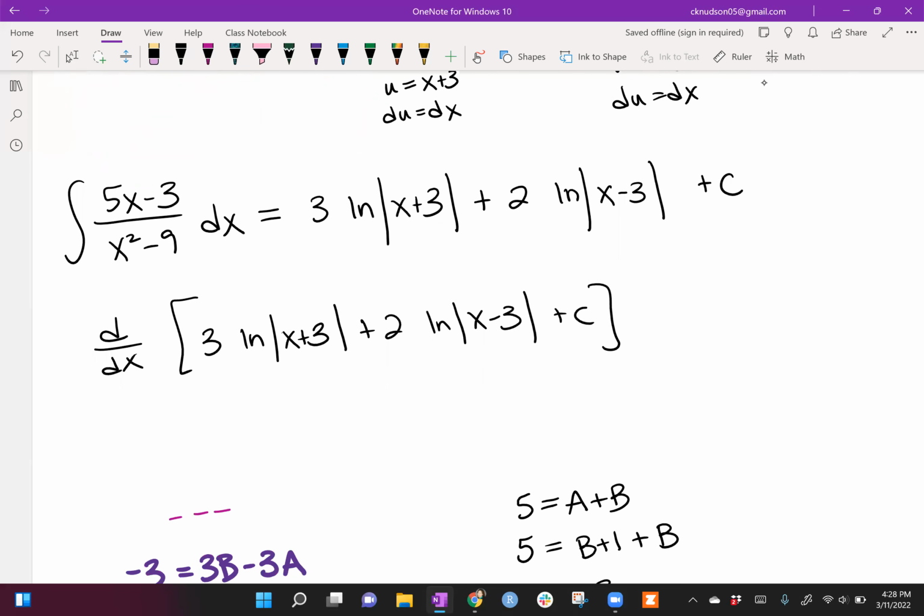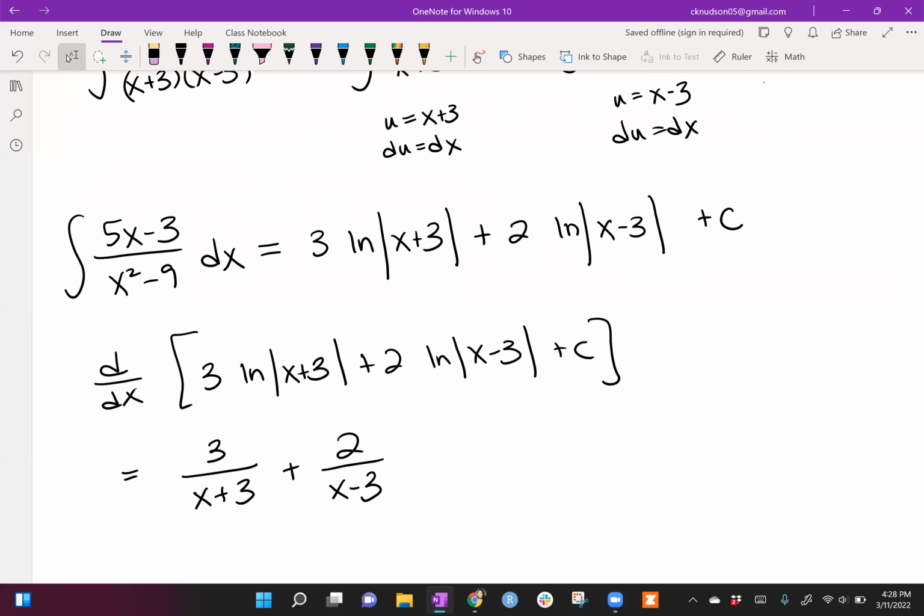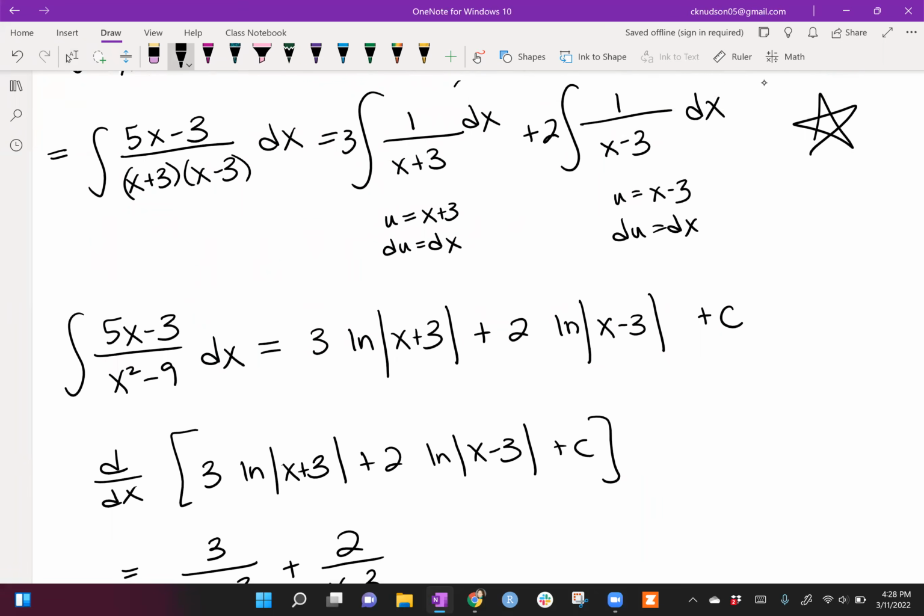We know that the natural log of x plus 3 has derivative 1 over x plus 3. And the derivative of the natural log of x minus 3 is 1 over x minus 3. So that is great because that is what we started with up here.